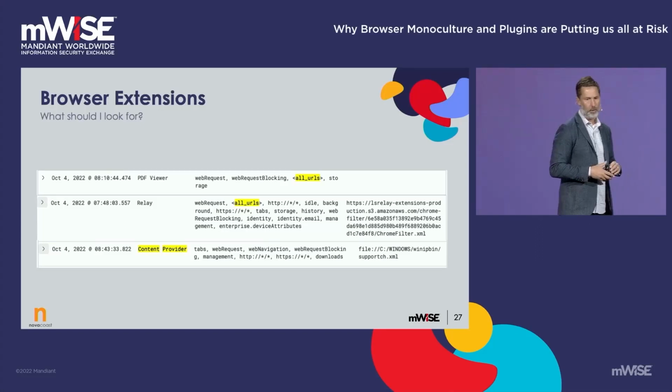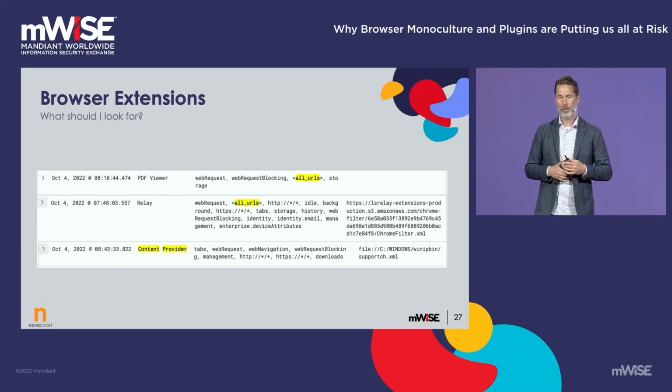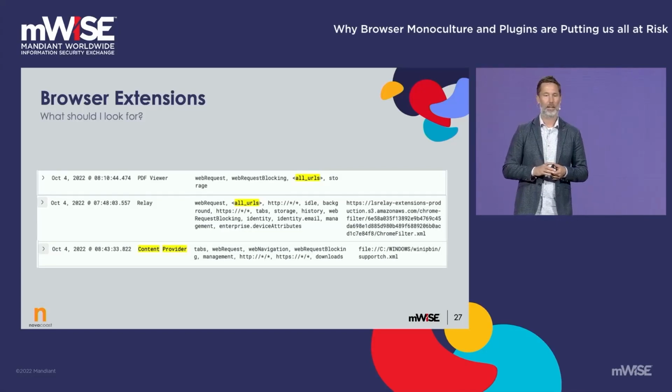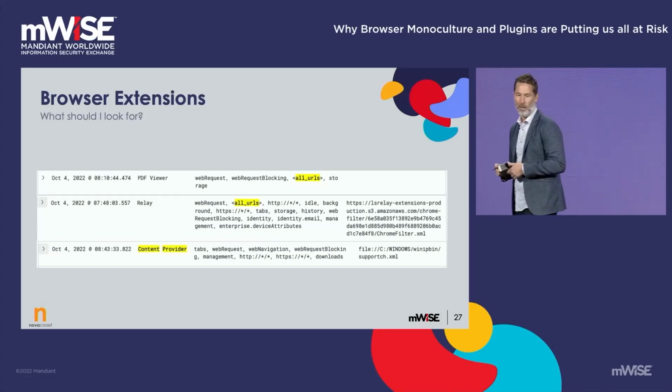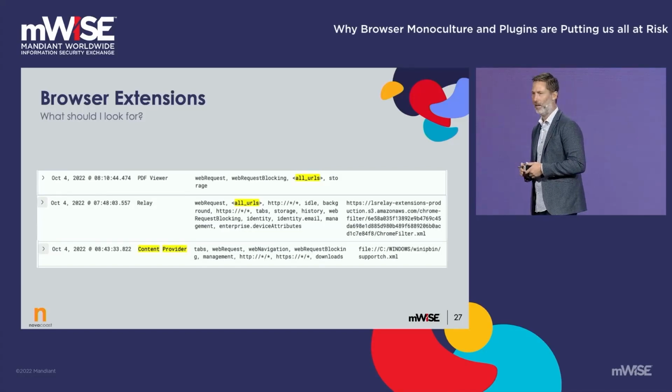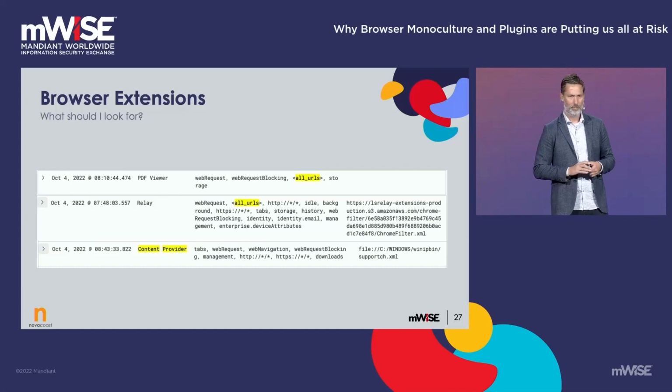Runs in the background, can interact with tabs, storage, history, web request blocking, can read your identity, your email, your management attributes, and all your enterprise device attributes. Seems excessive for a browser extension that is updated from an S3 bucket. I think most people would probably agree with that.